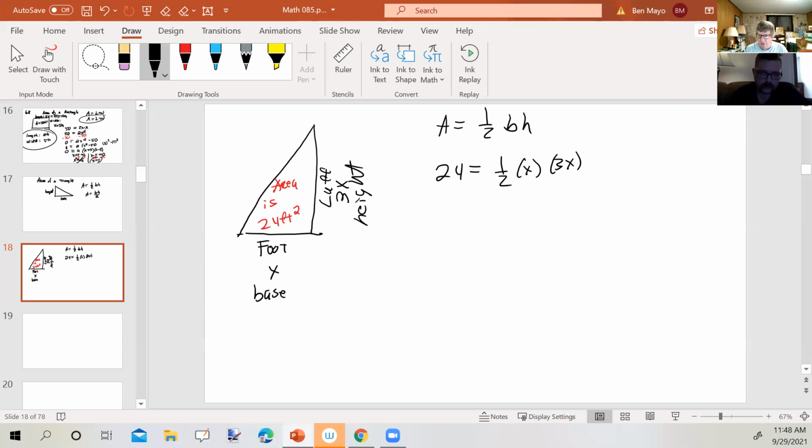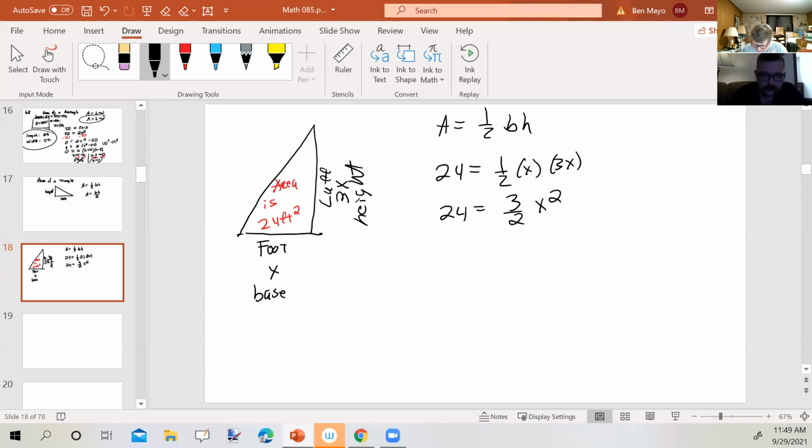So we get the following situation. Any questions before we proceed? Okay, so now 1/2 times x times 3x would be 3/2 x squared. Again, any question how I got that?